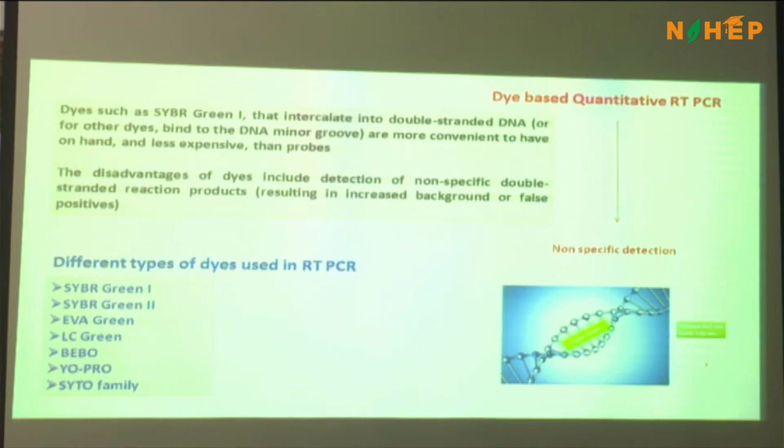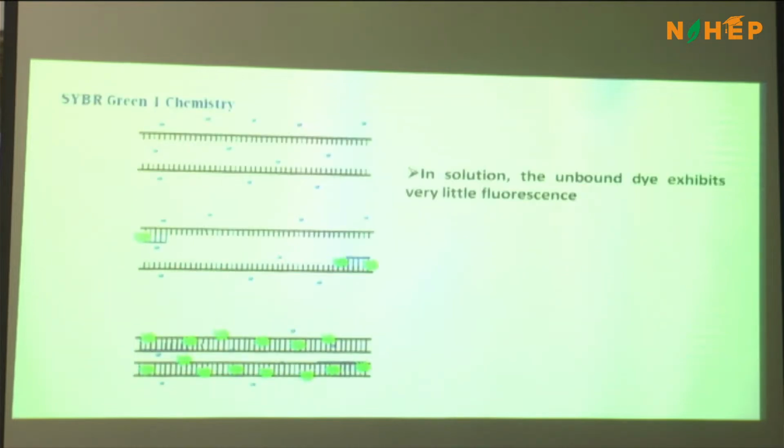Different variants we talked about yesterday: SYBR Green 1, 2, and a lot of variants are there. This is SYBR Green chemistry. So remember, the dye is unbound at 0 hour. As the cycling progresses, the unbound dye is going to be bound in the minor groove of DNA. That emits the fluorescence, and that fluorescence is captured by the camera, the spectrofluorometer, that is placed just above the machine.